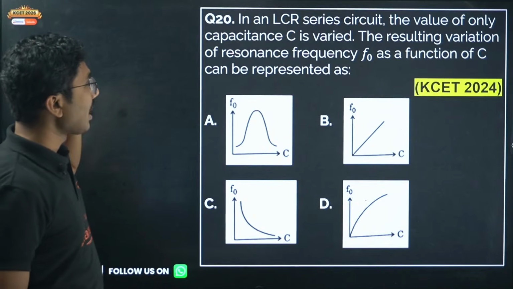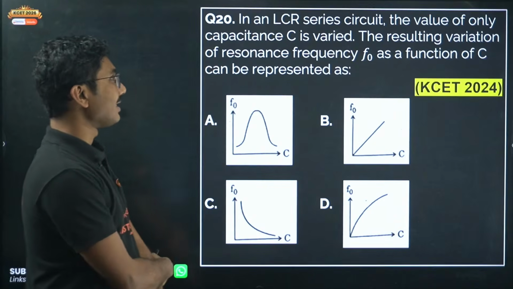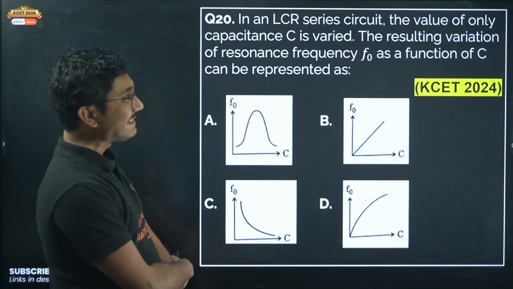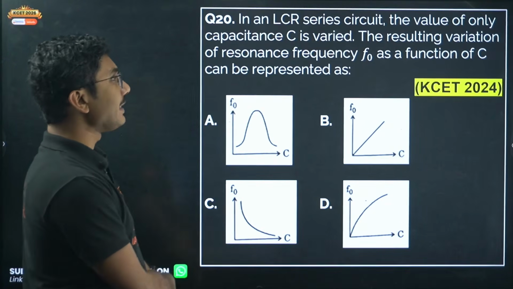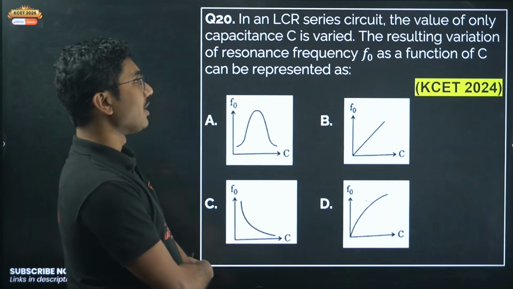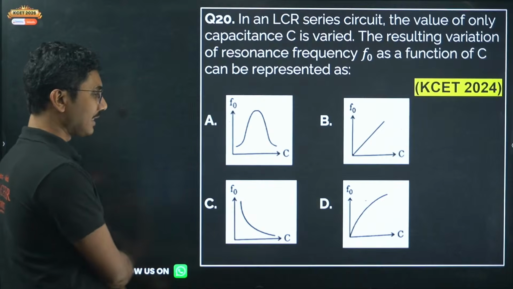Next, in an LCR circuit, the value of only capacitance C is varied. The resulting variation of resonance frequency F0 as a function of C can be represented as.